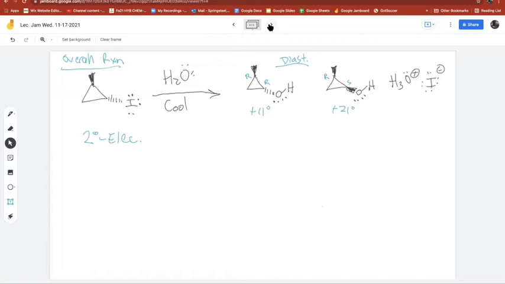And besides not having the same rotations, they will not be producing the same amount. There's going to be more of which one, do you think? More of the trans. It might be like 80% of this and 20% of that.